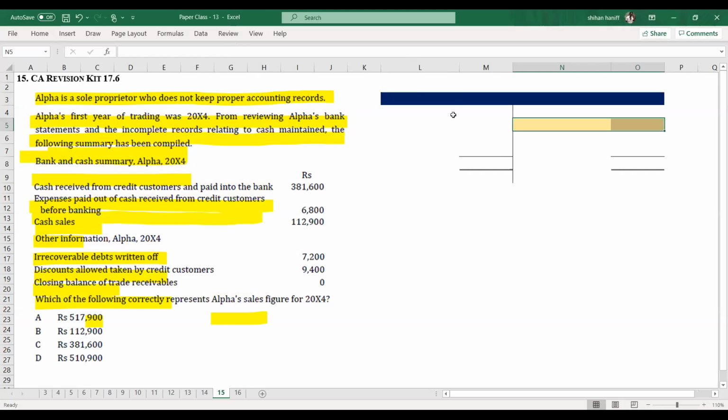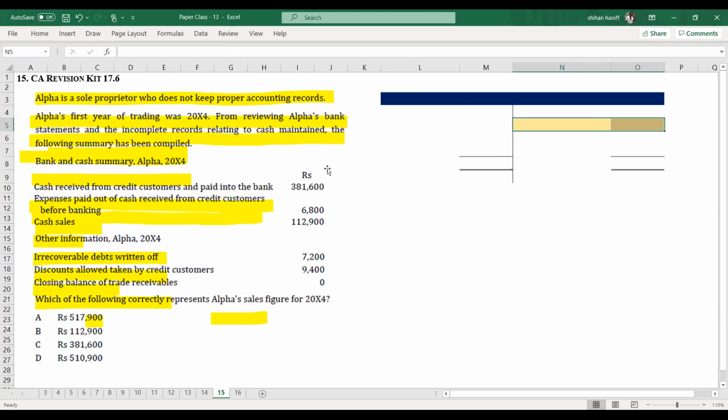In that we'll record the transactions. This was started in 2004, therefore there is no opening balance.